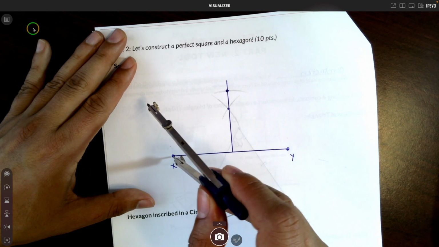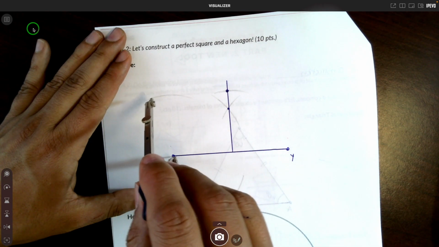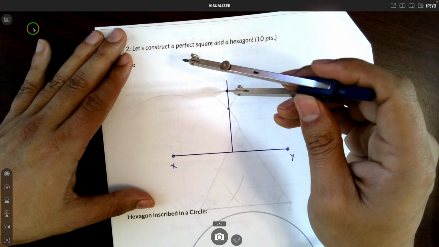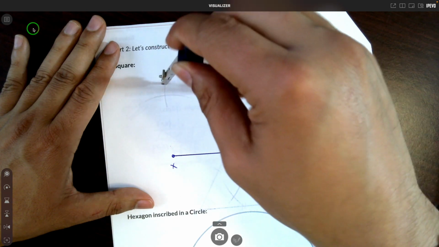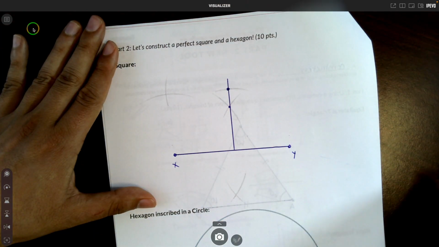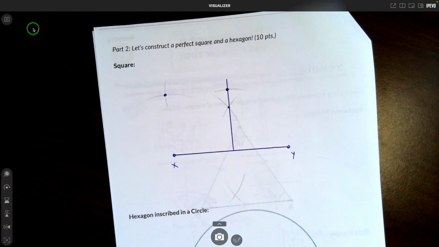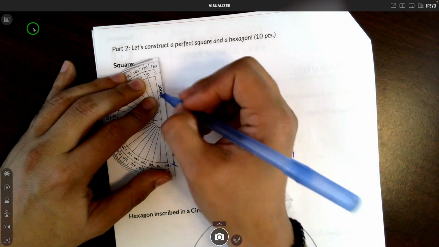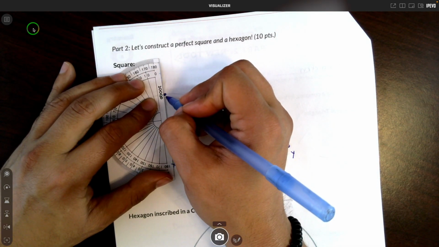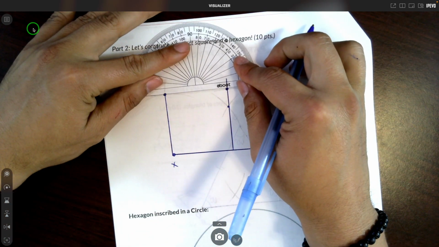And I'm gonna go over here, draw another arc, and then go back to this dot and draw another arc. And where they intersect, this just makes it perfect for us to make the square.